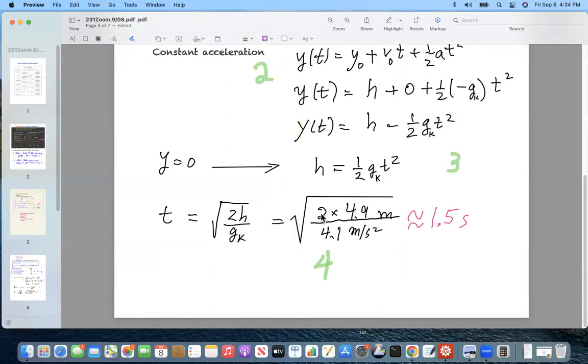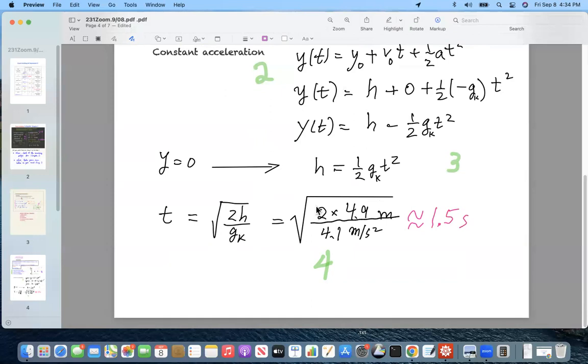So square root of 2, h was 4.9 meters, g was 4.1 meters per second squared. I always write down the number with its unit, because that'll tell me what the unit is. The answer is going to be a number with a unit. Well, what's the unit? I have here meters divided by meters, so the meters cancel. I have 1 over second squared, so that's the same as second squared.